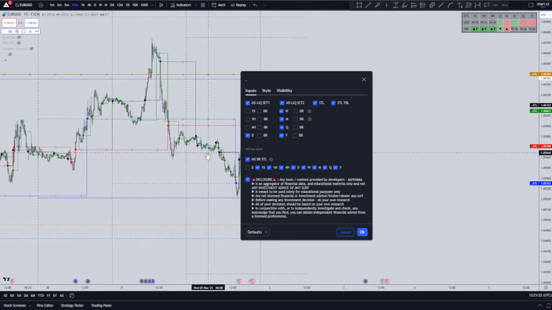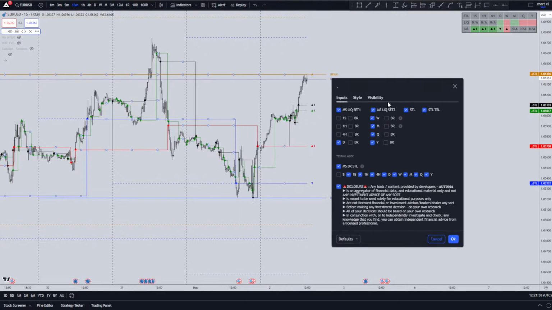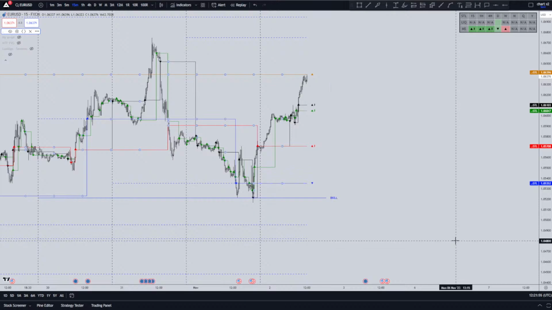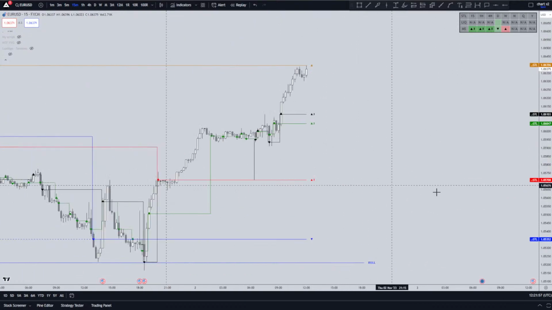I definitely suggest just choosing 1 time frame, any, because the market is fractal, so it will be the same principle. Let's take, I don't know, hourly perhaps. Let's put hourly liquidity and hourly market structure storyline.